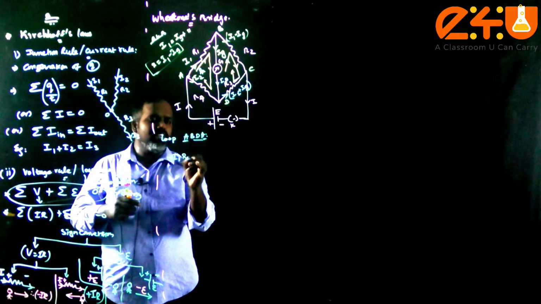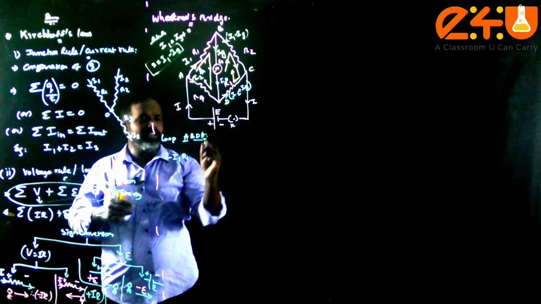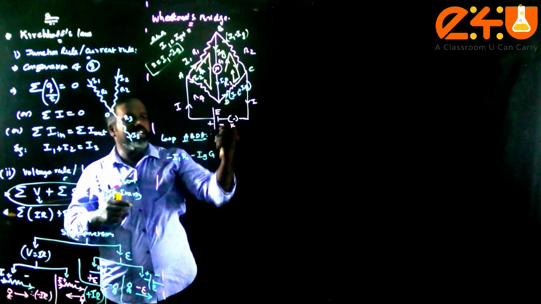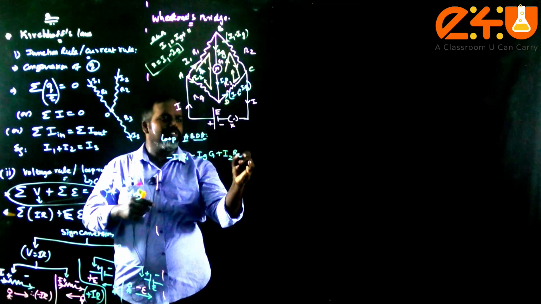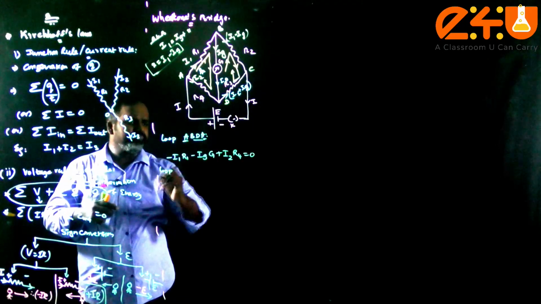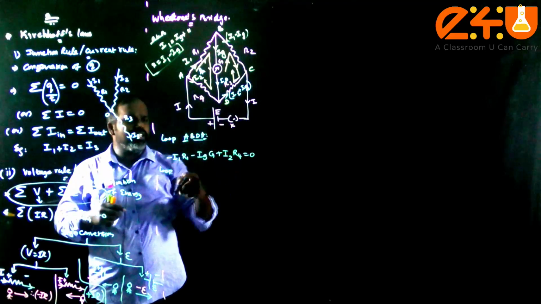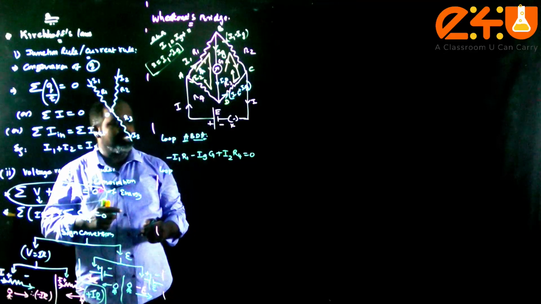Therefore, minus I1 R1, and also in the same direction downward for this loop, minus Ig G. And I am going opposite to I2, therefore plus I2 R4, which is equal to 0. Because there is no battery, the EMF will not be there. That is why I am writing only the voltage terms, the products of current and resistance.